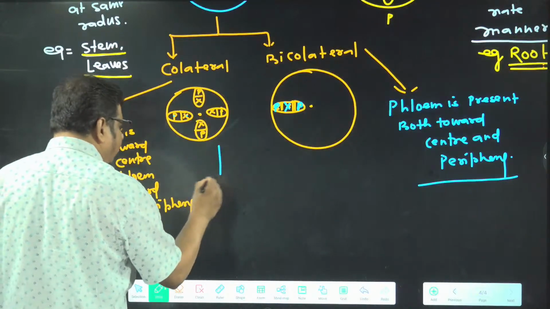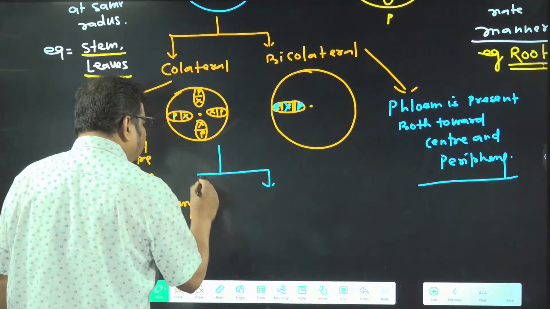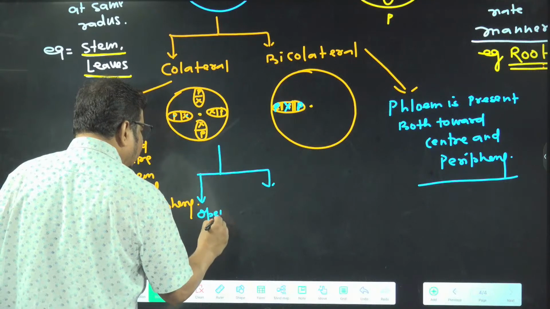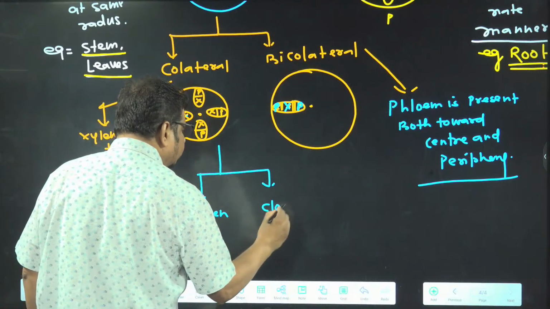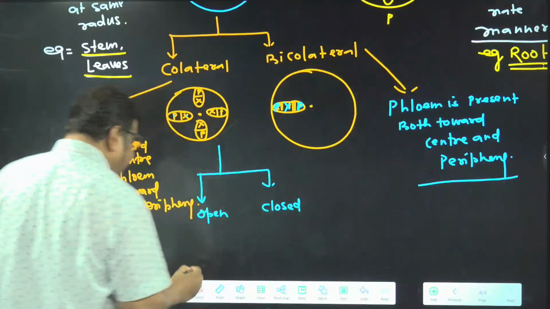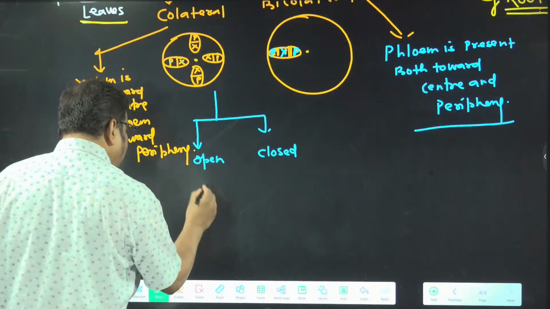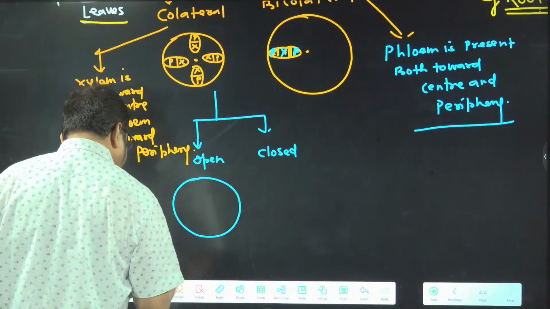Now I am telling about collateral. Collateral is further of two types. One is open and another is closed. So what do we find in the case of open? Look here.